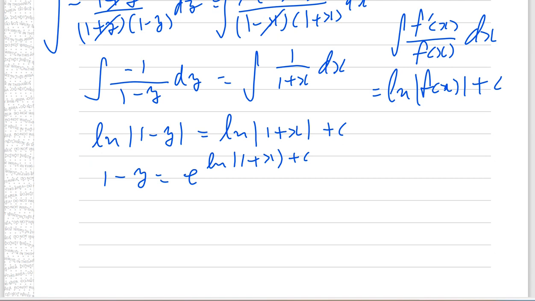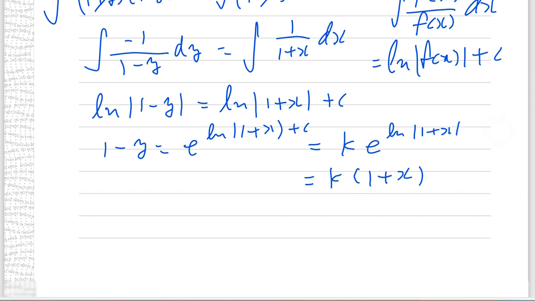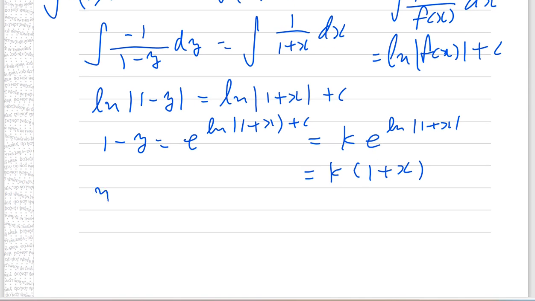So in other words, e to the power of c becomes k, so k times e to the power of ln (1 plus x). By the way, e to the power of ln (1 plus x) means what? Just 1 plus x, isn't it? Right? Now, rearrange it. So, hence, y equals 1 minus k(1 plus x).